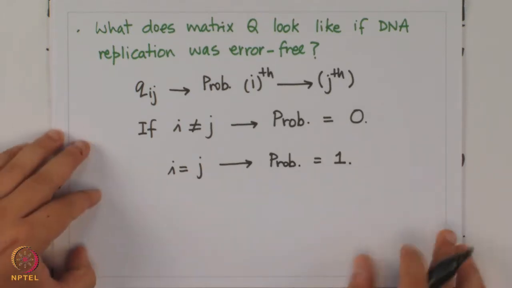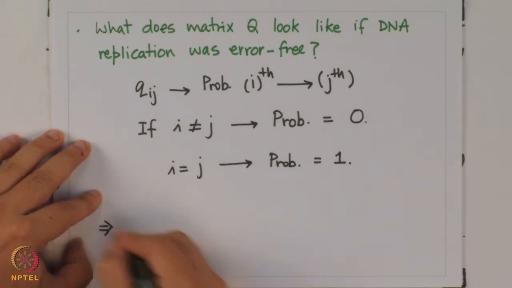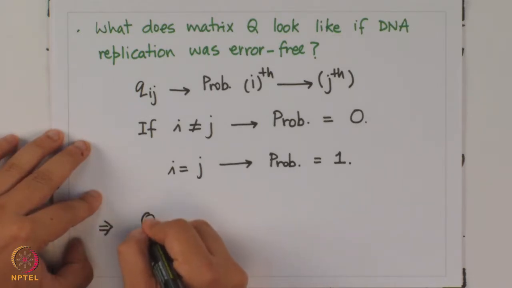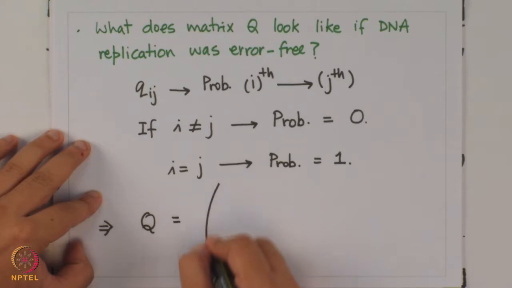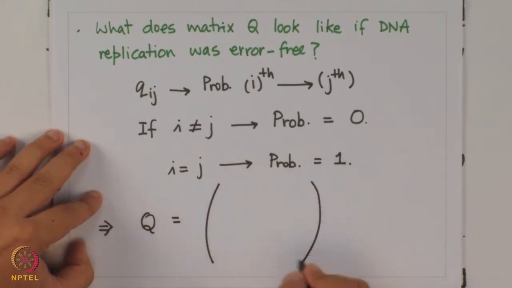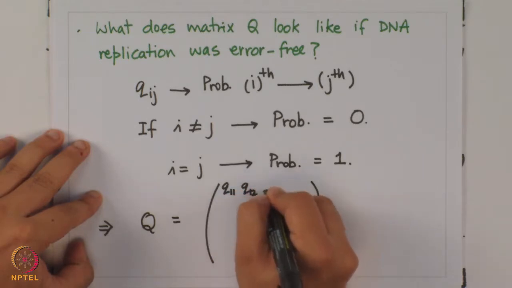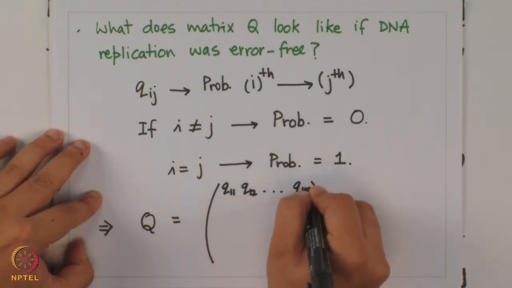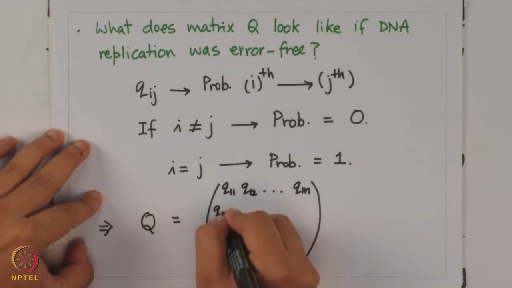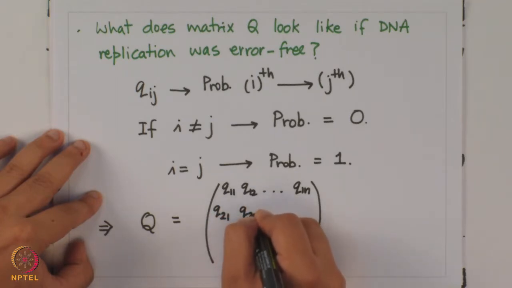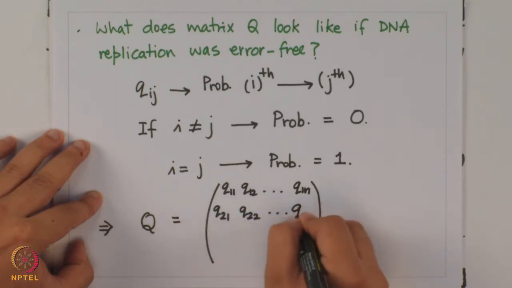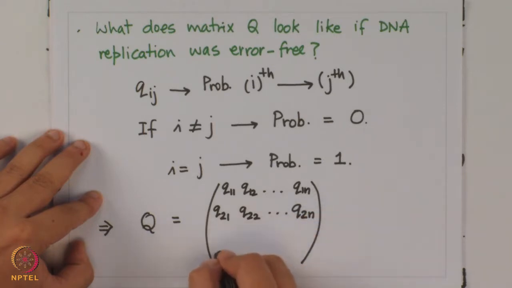Hence, the progeny and the parent are always carrying the same DNA and the probability of this event is equal to 1. And what does this tell us about my mutation matrix? This tells me that the mutation matrix Q, whose elements are Q11, Q12 going all the way up to Q1n. For genotype 2, this will be Q21, Q22 going all the way up to Q2n, and for the last one Qn1, Qn2 going all the way up to Qnn.